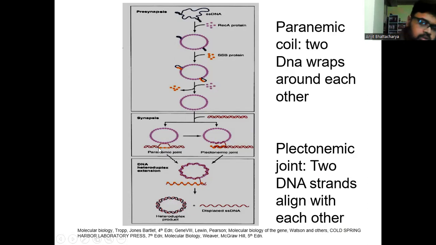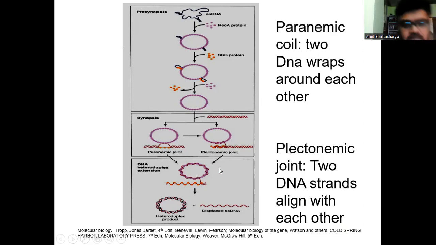This is one of the possible synapses. Alternatively, while interacting with the second DNA, the RAK-bound DNA can directly displace one strand from it, and thereby it would form a single strand over here, and another strand will be bound to the RAK-bound DNA, to form a DNA heteroduplex for recombination.